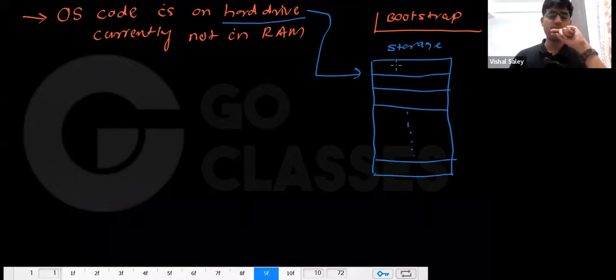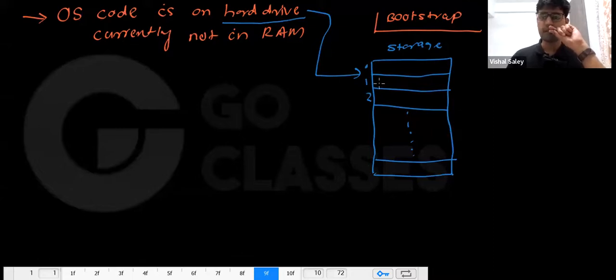It's basically similar to RAM, and it has its own addressing. We don't care what that addressing is; we'll see it in the file system. At this moment, we don't care.